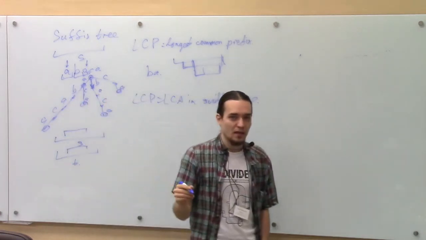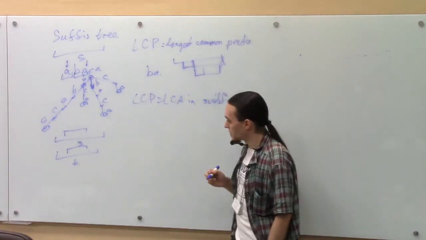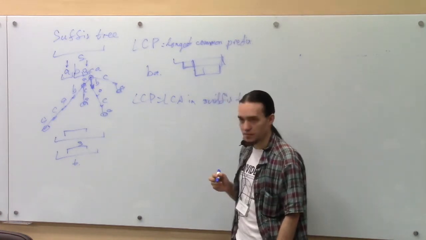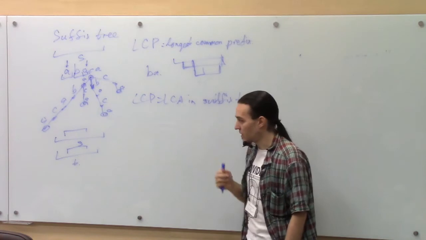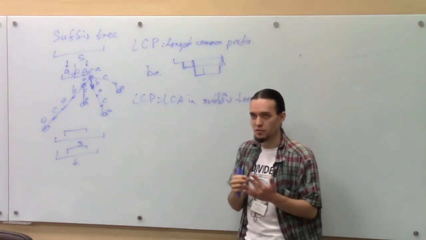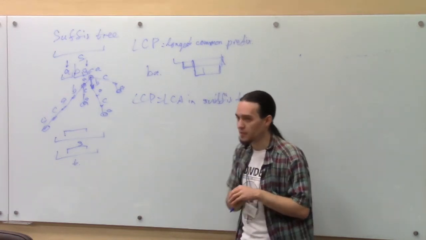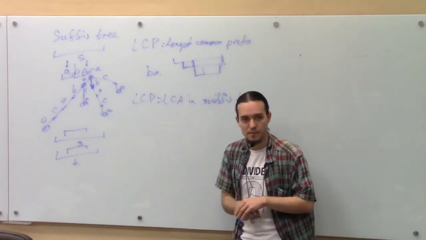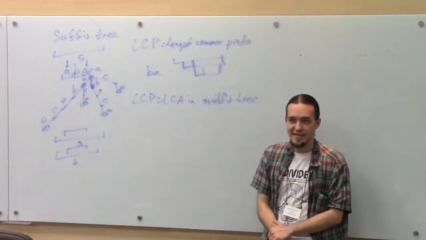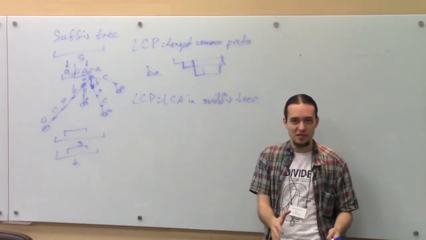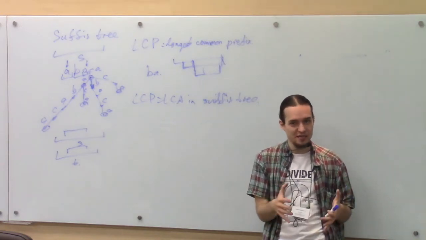We don't care. So how can we solve this? There are a lot of ways to solve this problem, but how can we solve it if we have a suffix tree? Again, we want to reinterpret that in terms of something happening inside the tree, right?